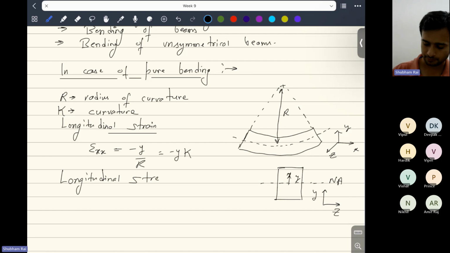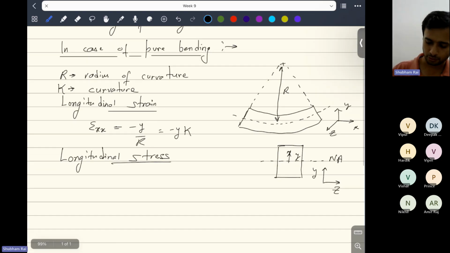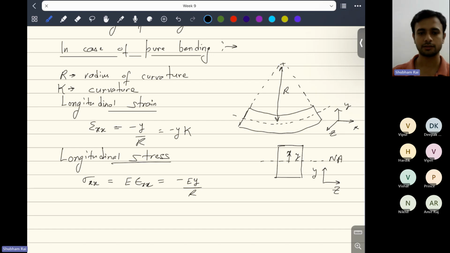So we will have longitudinal stress as sigma xx, which will be equal to E times epsilon xx, which is equal to minus of E into y by r. Right? These are very simple formulas, or very simple to derive as well. You can go back to lectures to see their derivation. I'm just writing the formulas.